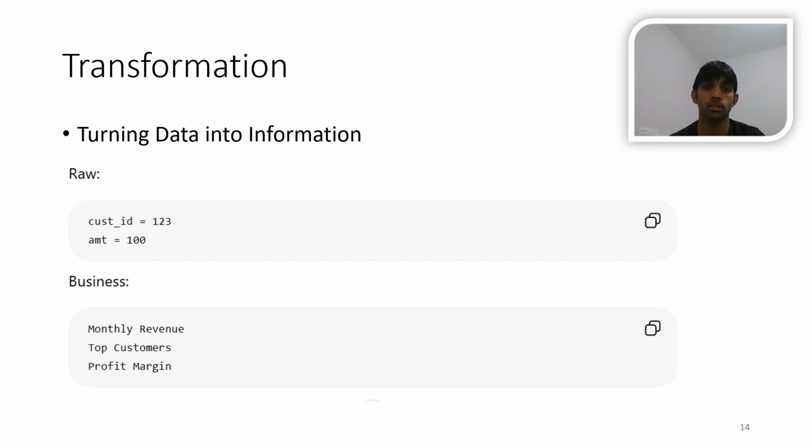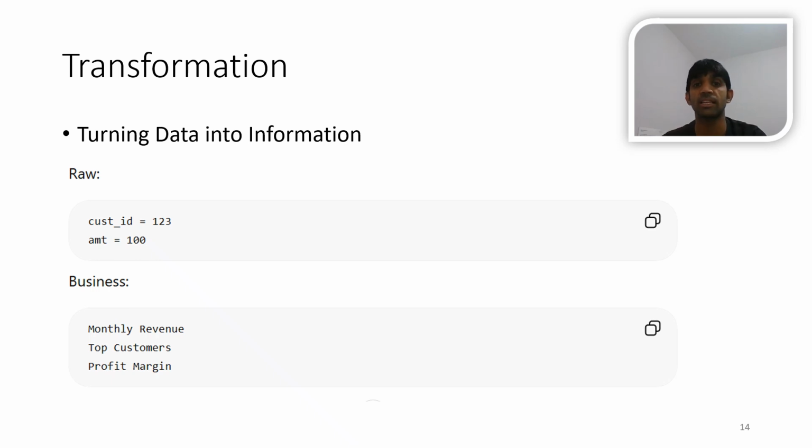The next step is transformation. Raw data is useful because it gives you the complete information, and transformation converts raw data into meaningful information. For example, thousands of sales transactions may be transformed into monthly revenue figures.